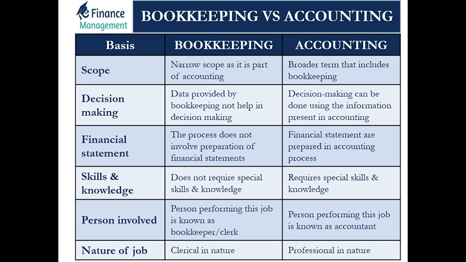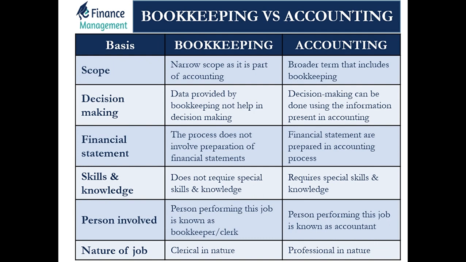When we talk about decision making, data provided by bookkeeping does not help in decision making, whereas accounting data helps in decision making, as it can be done using information presented in accounting records, which are financial statements. When we talk about financial statements, the third point, the process does not involve preparation of financial statements. Bookkeeping is limited to recording of the facts.